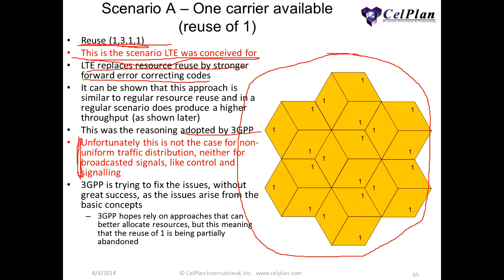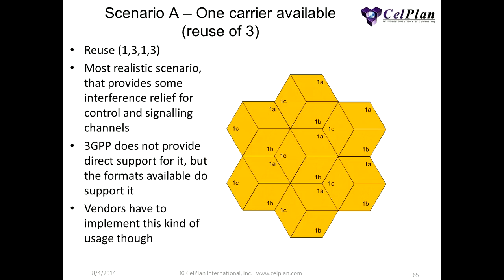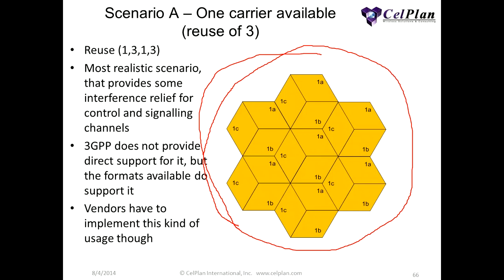Unfortunately, when we go to non-uniform traffic distributions, things change a little bit, and the reuse of 1 may become not as efficient as it looks. So 3GPP then considered, okay, yes, maybe this is not the optimum, but we can use this mixed with something else. And this now is where we break the resources in 3.